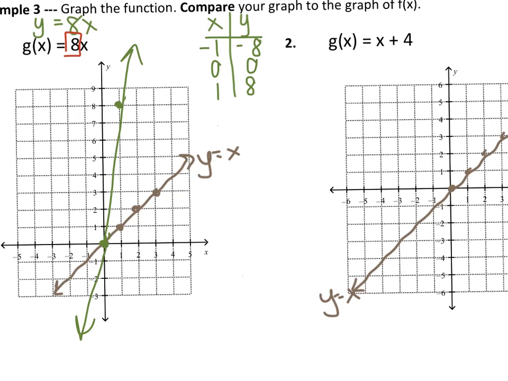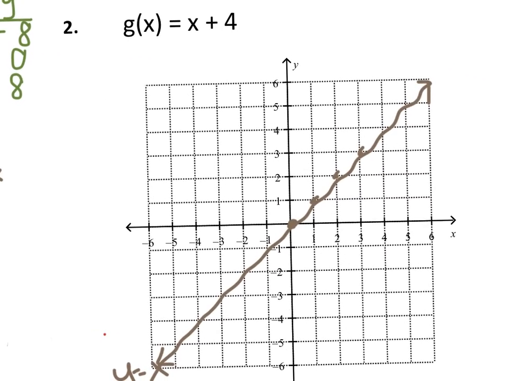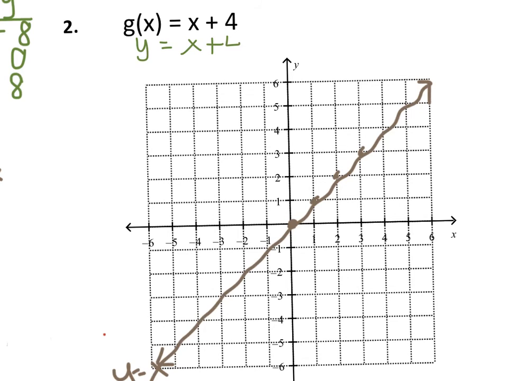If we look at that next example, g of x equals x plus 4. Again, if you don't like the function notation, you can think of this as y equals x plus 4. And we've been graphing these for a couple weeks now. So if I make my table, and again, I'm going to pick a negative, 0, and a positive, and plug each of those in. So I have negative 1 plus 4 is 3, 0 plus 4 is 4, and 1 plus 4 is 5.